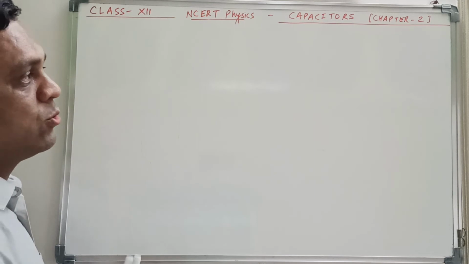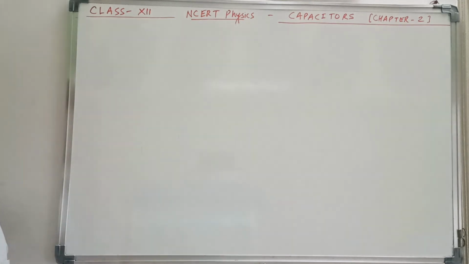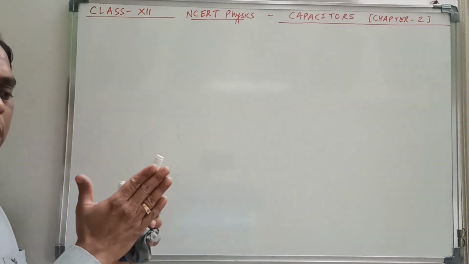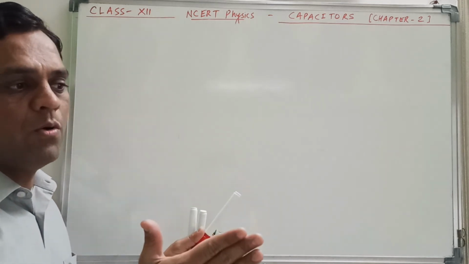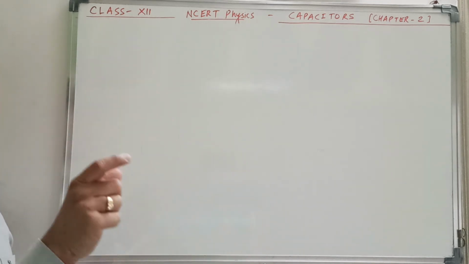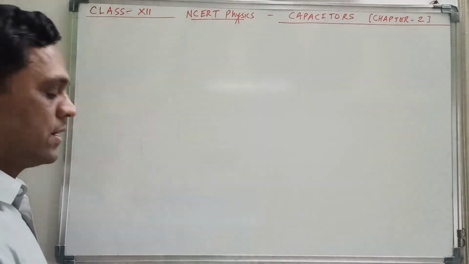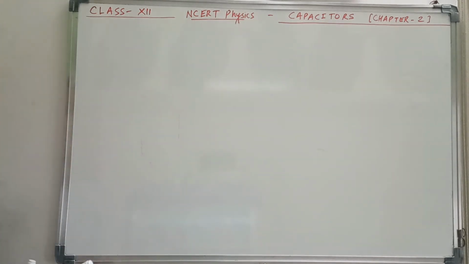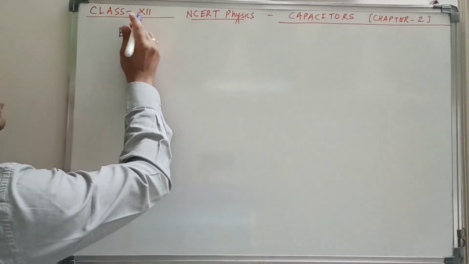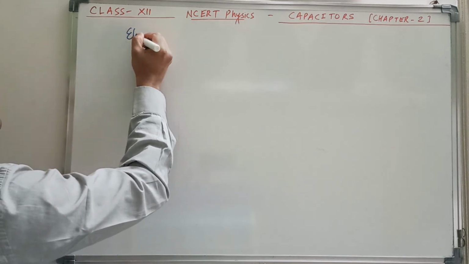That is known as electrostatic potential energy. Whenever we separate the plates, in that particular volume some energy gets stored, and the energy stored per unit volume is called the energy density of the capacitor. So the next topic is electrostatic energy density.